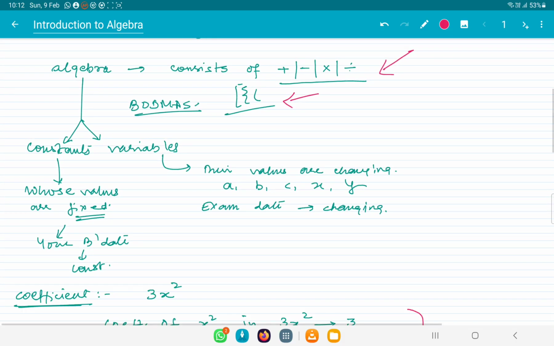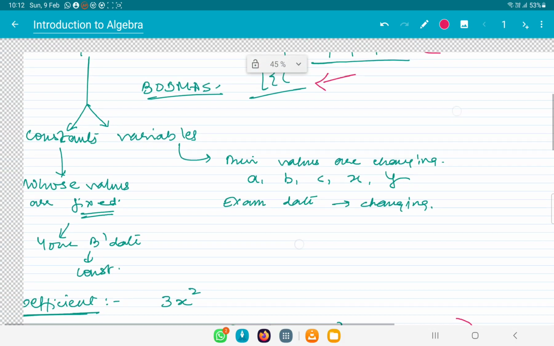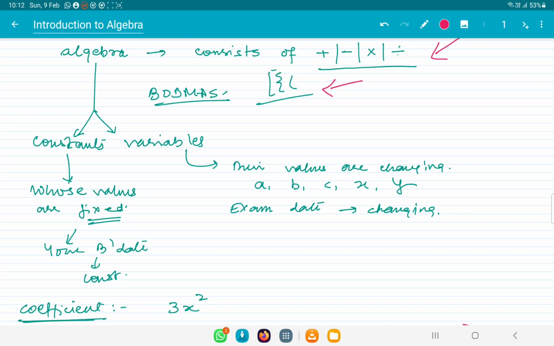So what are constants and variables? We can easily judge by their names. Constant means whose value is fixed, means its value will not change. Suppose your birth date, so your birth date is fixed, so we can consider it as a constant.